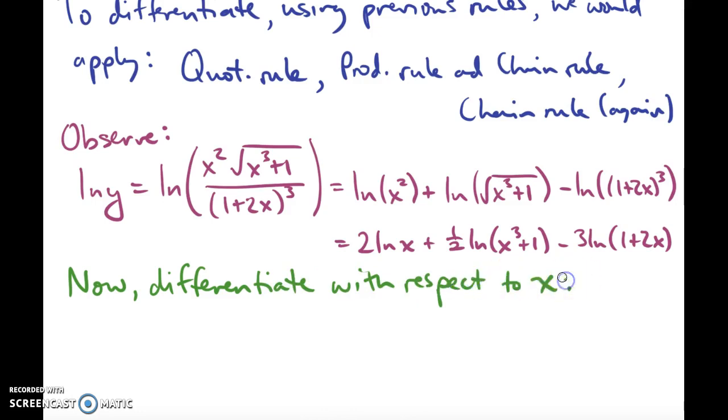So we apply the logarithm first, get this a little bit easier to manage, and then differentiate with respect to x. So we've got a sum that looks like the derivative with respect to x of natural log of y.